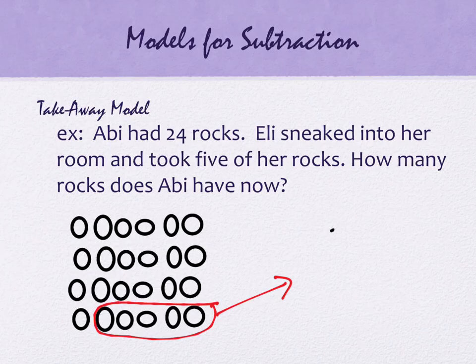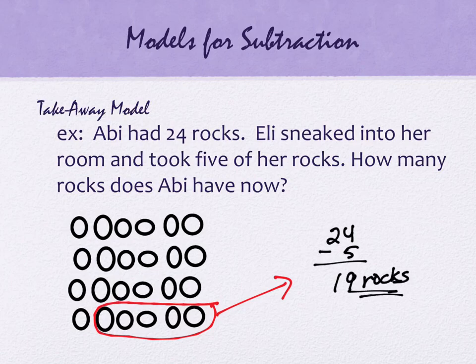That's the subtraction here. So 24 minus 5 would give me 19 rocks. The modeling here is in the language of how we're describing the context: I had something and I'm taking something away. This is the one that everybody resonates with as being a very strong push for description in your past.